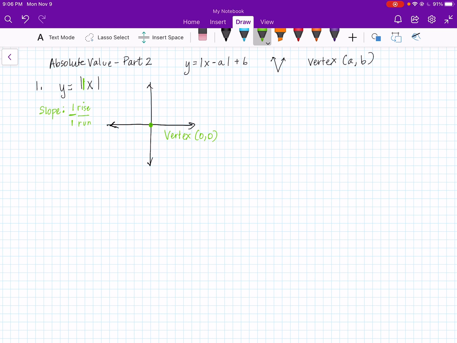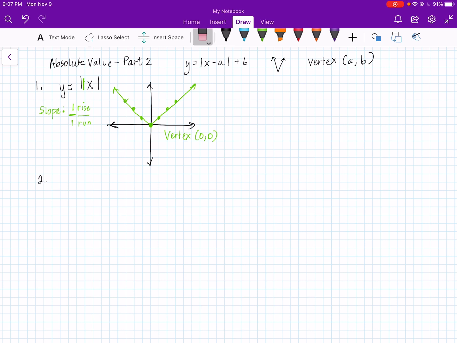Now, slope would be up 1 over 1, up 1 over 1, up 1 over 1, but you know it has a reflective property, so it does the same thing on the other side. Up 1, back 1, up 1, back 1. So this looks like that. It's a V, and the vertex was (0, 0). The slope was 1.